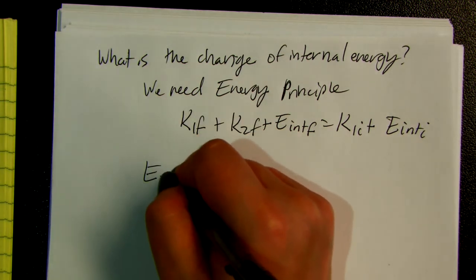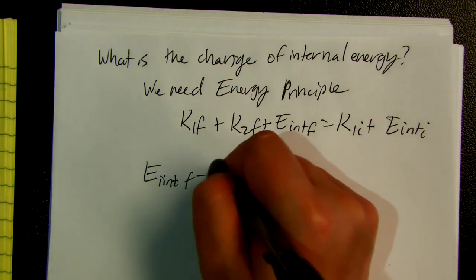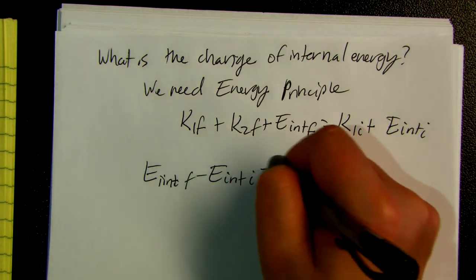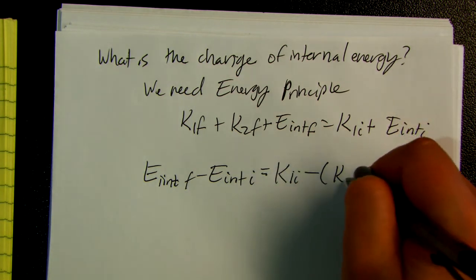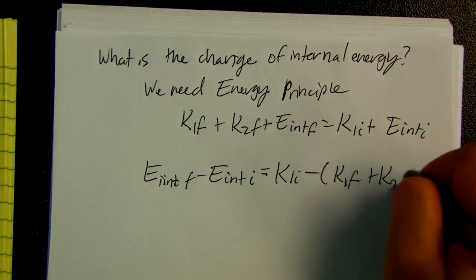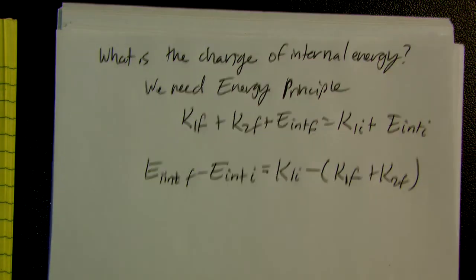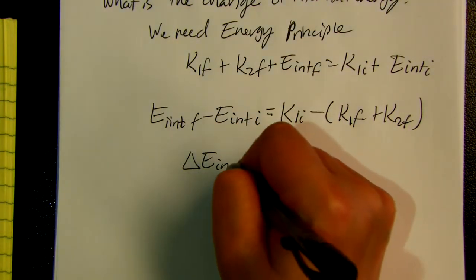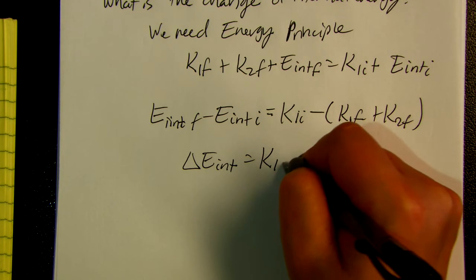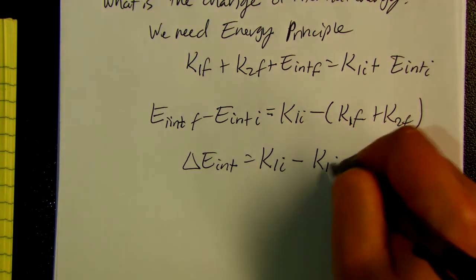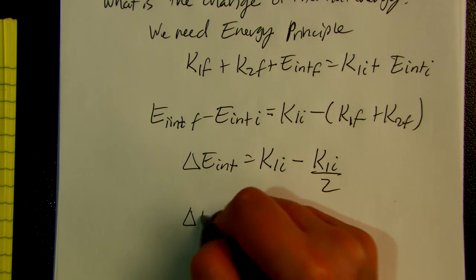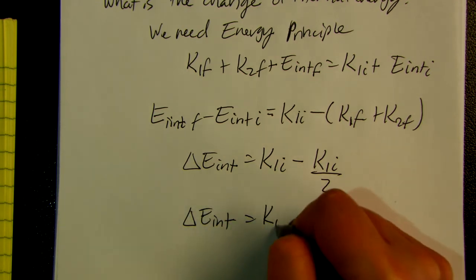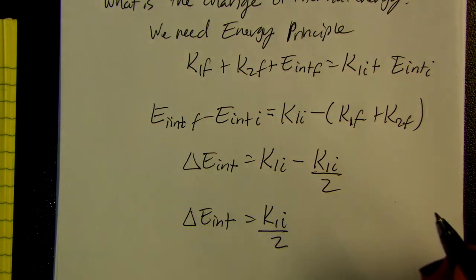E internal final minus E internal initial is equal to K1 initial minus (K1 final plus K2 final). And so delta E internal is equal to K1 initial minus K1 initial over 2, using our previous result. And therefore, the change in internal energy is equal to K1 initial divided by 2.